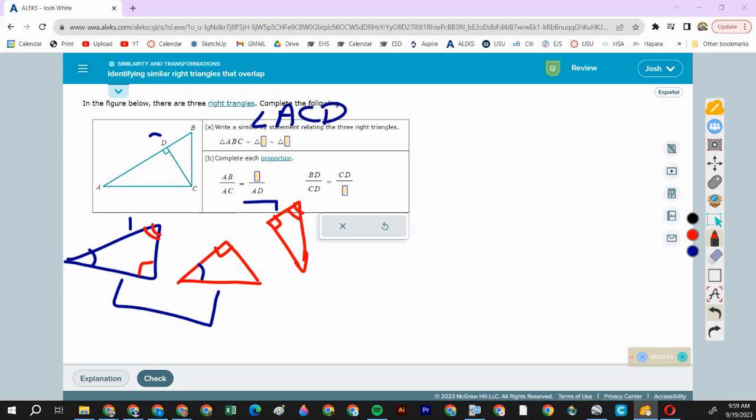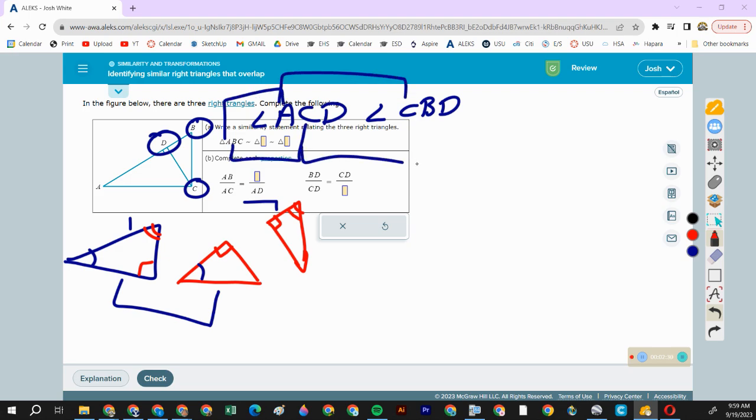And then in the small triangle, small angle, middle angle, right angle. So angle CBD. So that's the similarity statement. A matches up with A, which matches up with C. B matches up with C, which matches up with B, and so on. Okay.